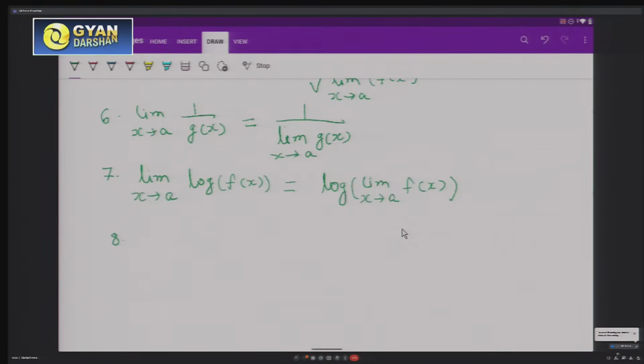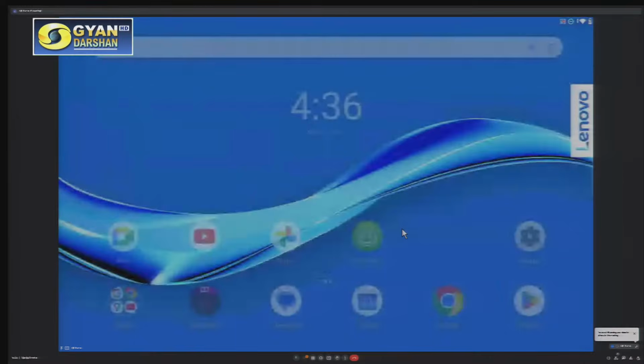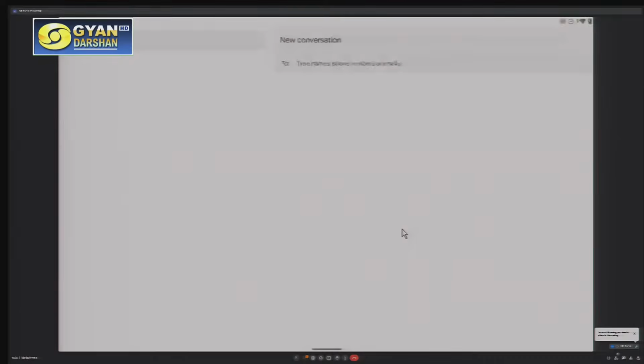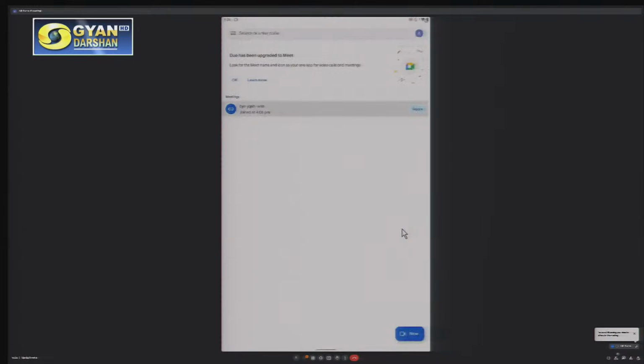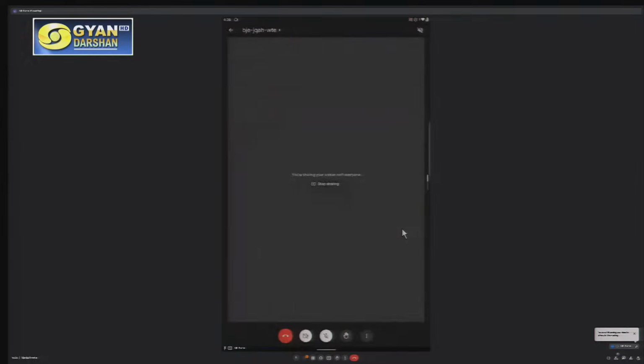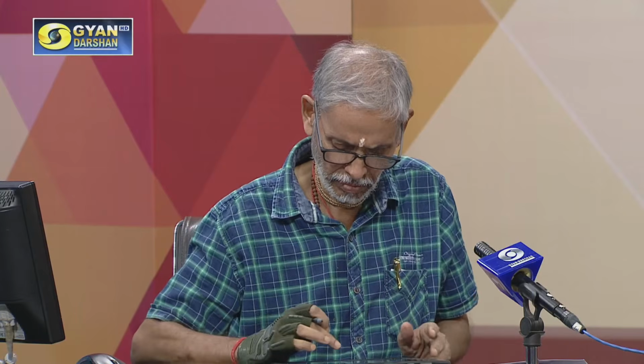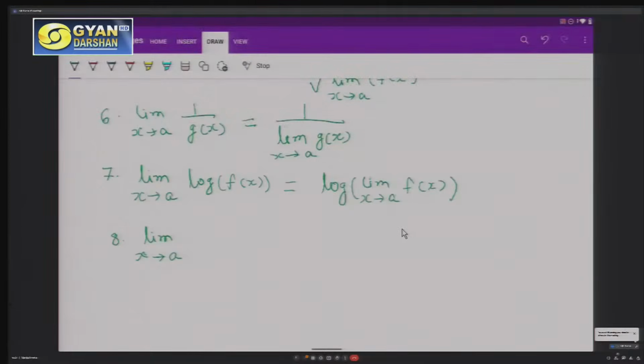What will happen in the case of exponential function?